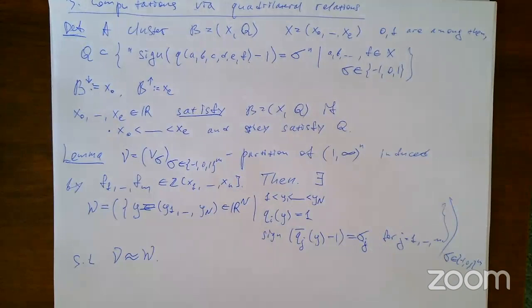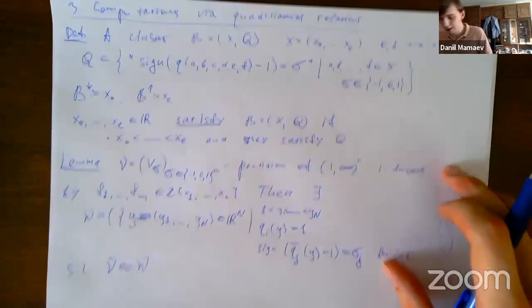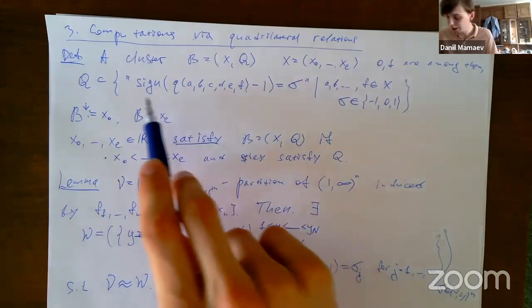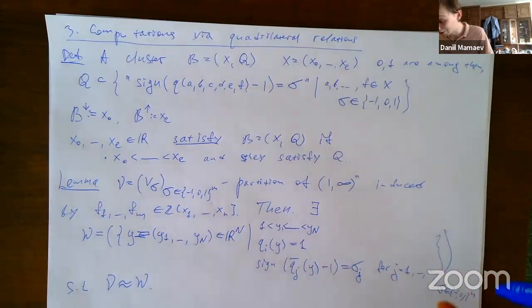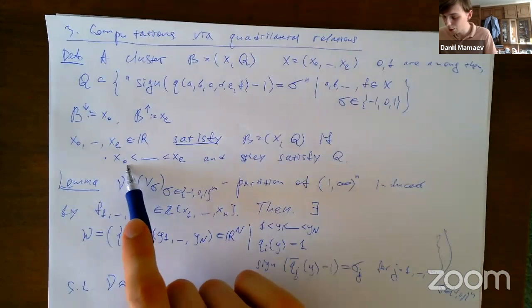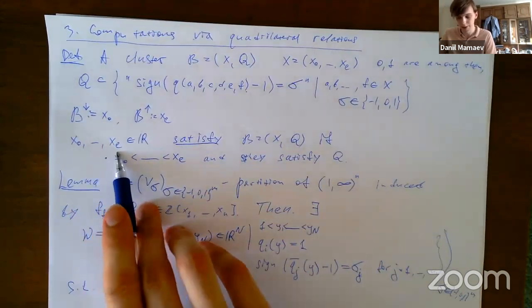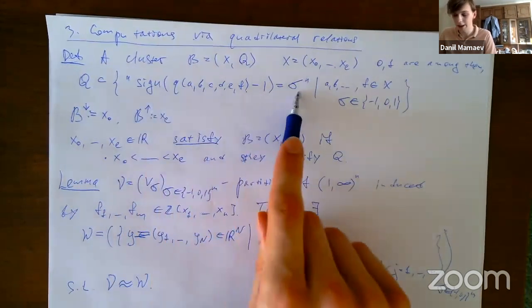Daniel, there is a question from Ola. Yes. In the definition of Q, the six tuple is ordered. Well, you have some numbers, and your Q looks like a collection of these things.